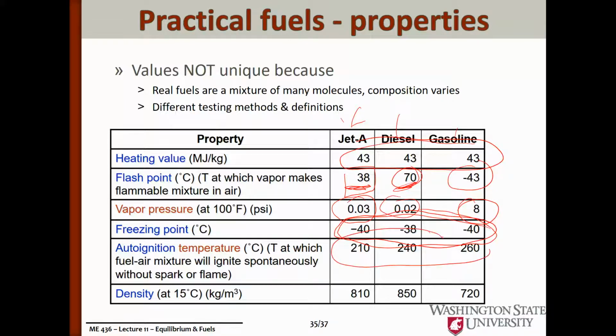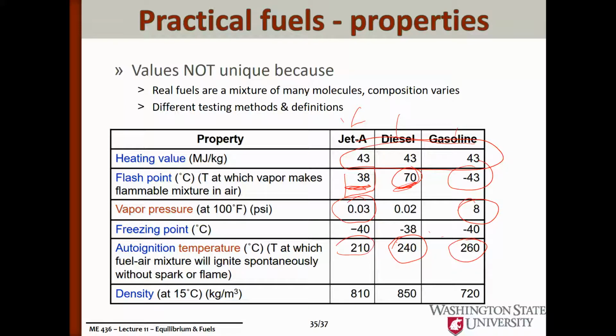The auto ignition temperature is another key difference. Gasoline, we do not want to auto ignite, so we'd like a high auto ignition temperature. Diesel engines, we are trying to auto ignite, so we generally want it below the temperature we're going to burn things at.